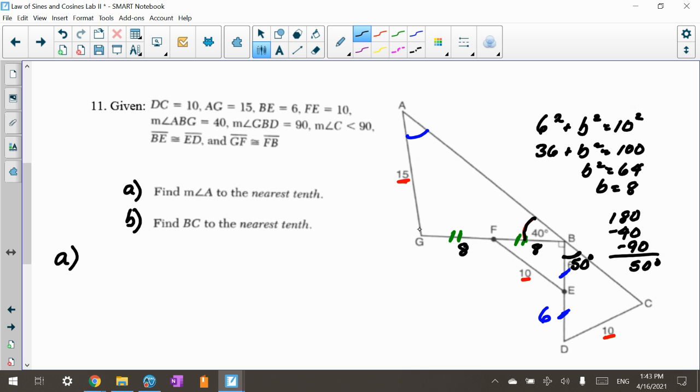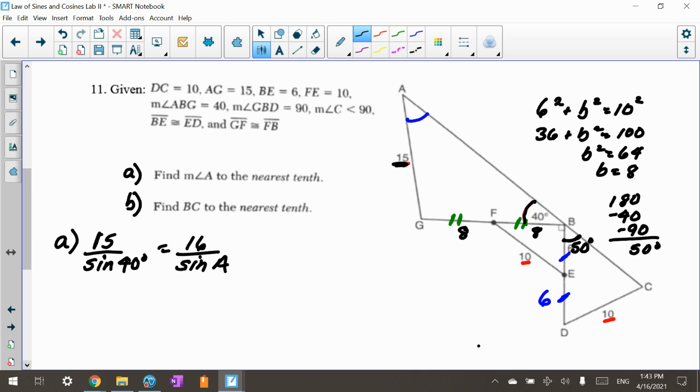See how 15 is opposite the sine of 40? And I know this whole side here is 16 now, don't I? Since I'm looking for angle A, I can do the law of sines. So I can say 15 is to the sine of 40 degrees as 16 is to the sine of A.